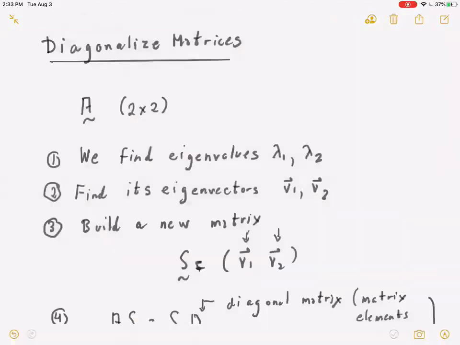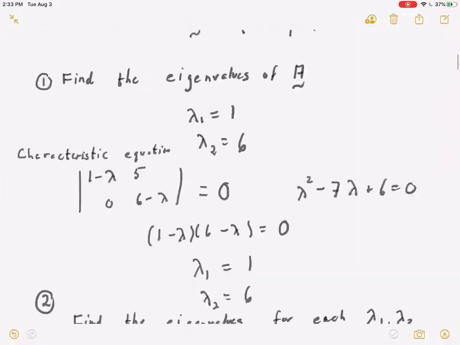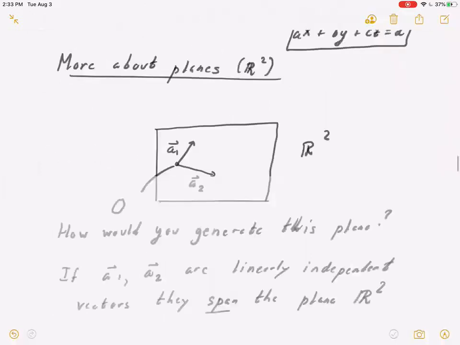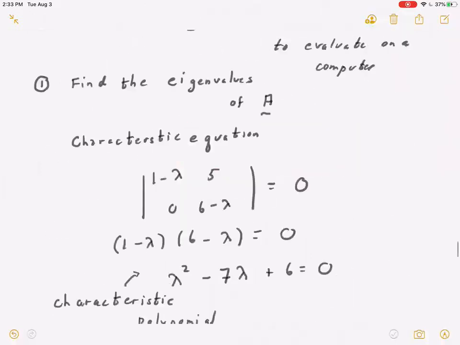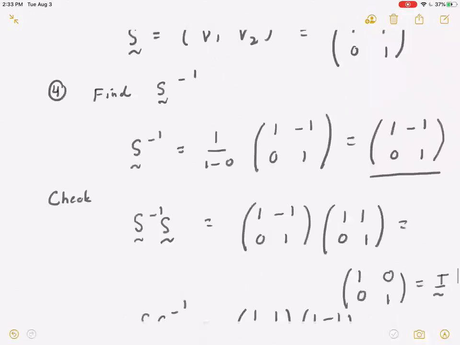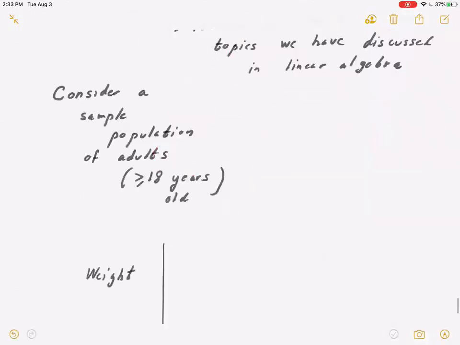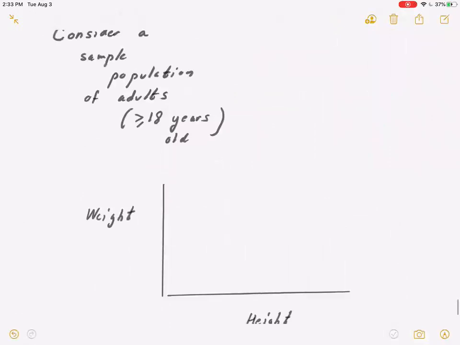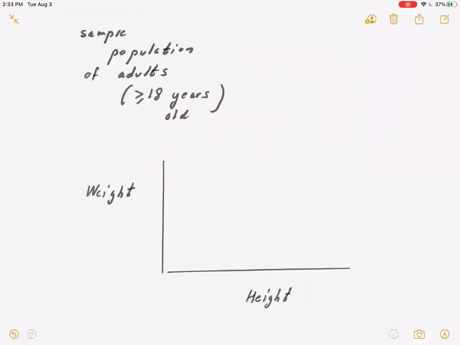And I want to plot this data. So in fact, I'd expect as people get taller and taller, they're going to weigh more. Well, that's not precisely going to be what's going on, right?